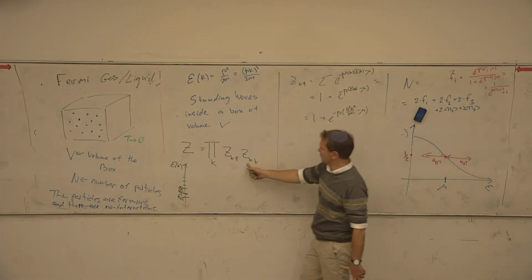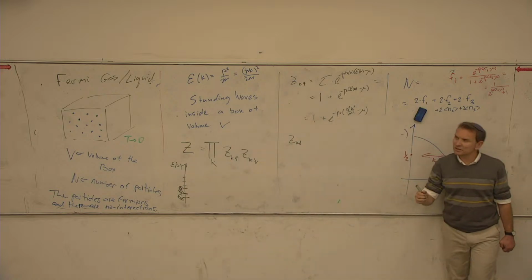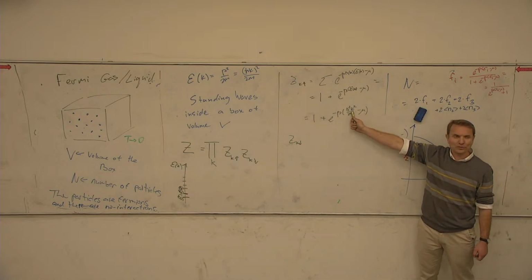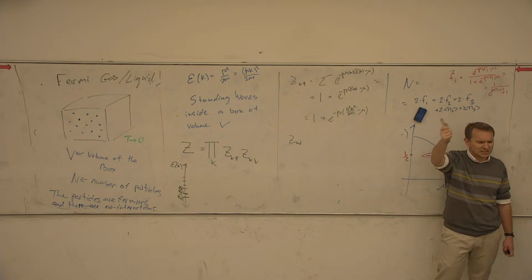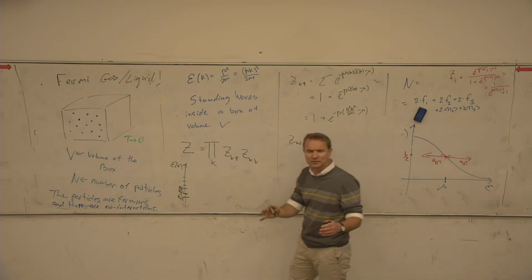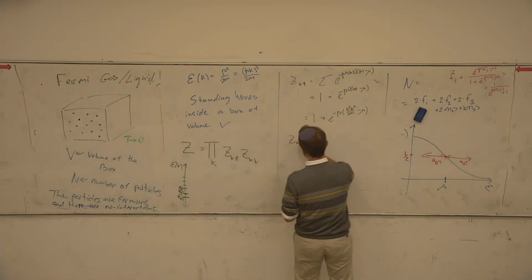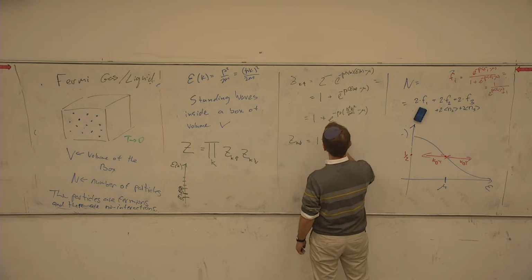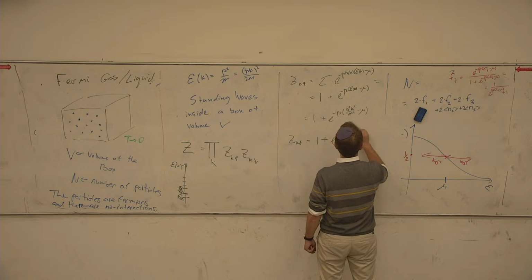Now, what is z_k down? It's exactly the same, because the energy is independent of whether the spin is up or down. If I had an external magnetic field, it would affect the system, but we don't have one. So z_k down also equals 1 plus e to the power minus beta (h bar squared k squared over 2m minus mu).